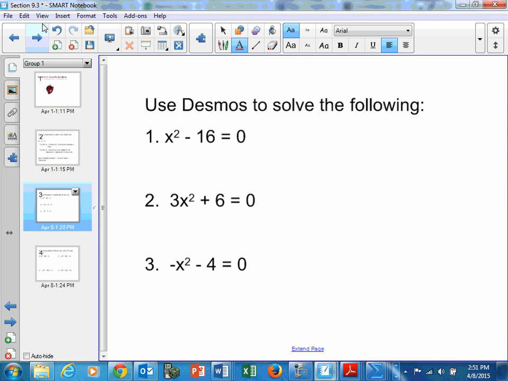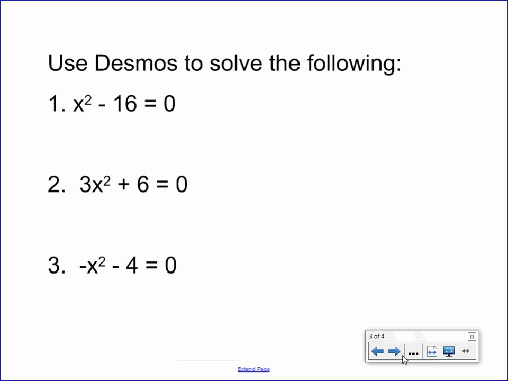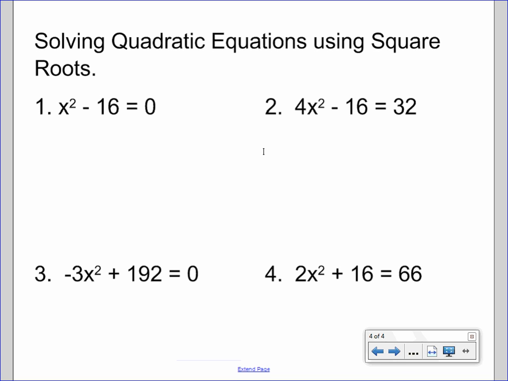Okay, the next thing we're going to look at is how to solve in a more algebraic style. We're going to be using square roots. If I looked at square roots, how would I solve these? Well, it's very algebraic in manner. I'm going to add the 16 to both sides to get the x squared by itself, so x squared equals 16.